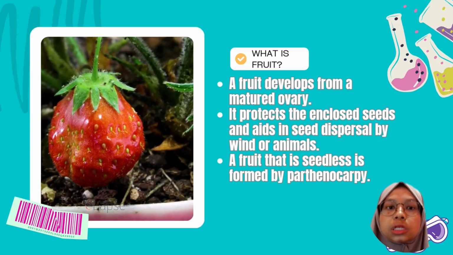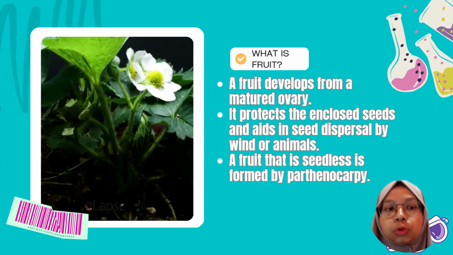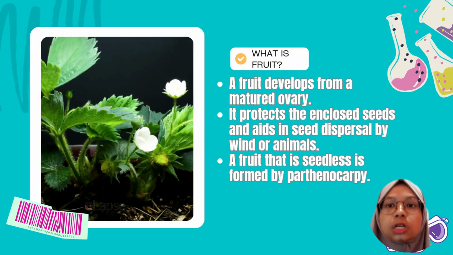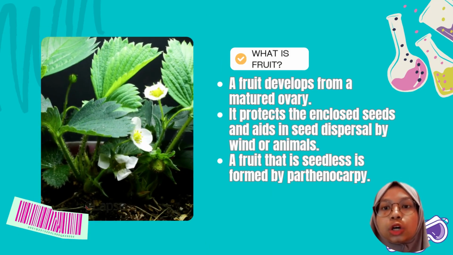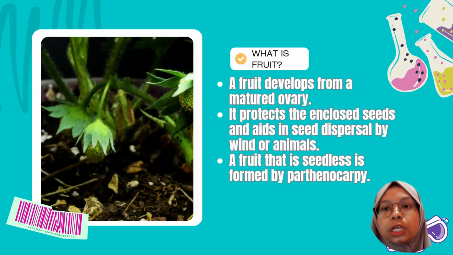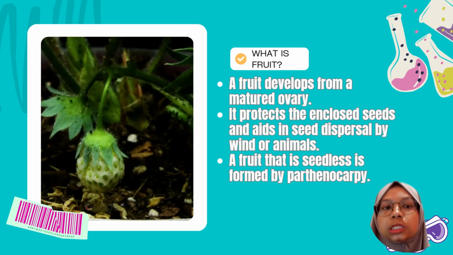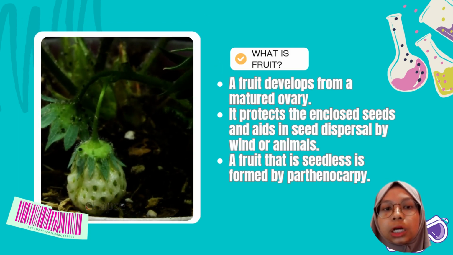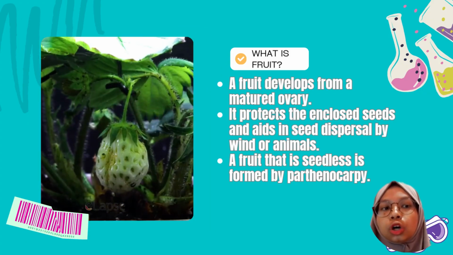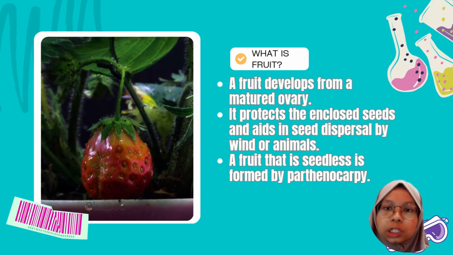This special process is known as parthenocarpy. Fruits formed through parthenocarpy are usually seedless. Some common examples include seedless banana, seedless papaya, and seedless watermelon. These fruits are often more popular for consumption because they are easier to eat.